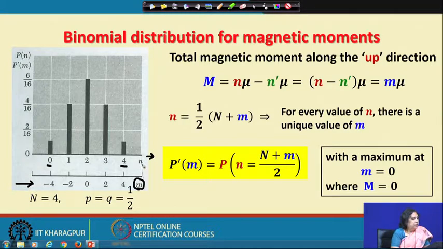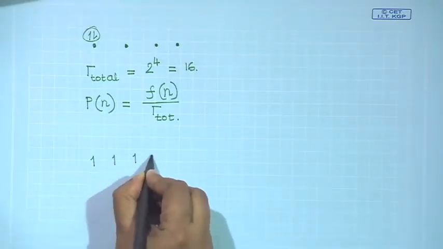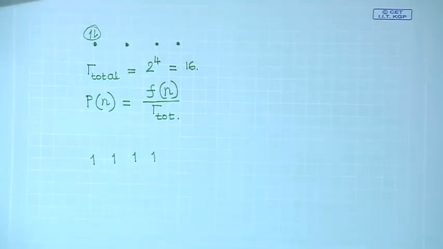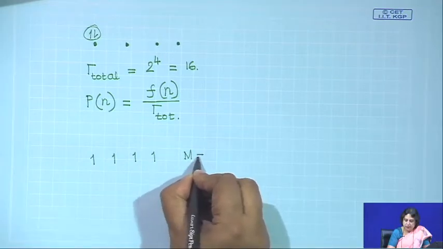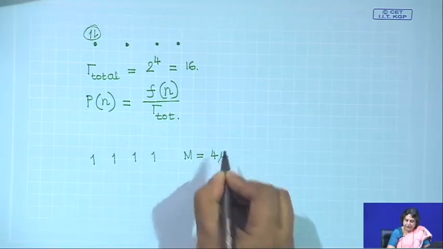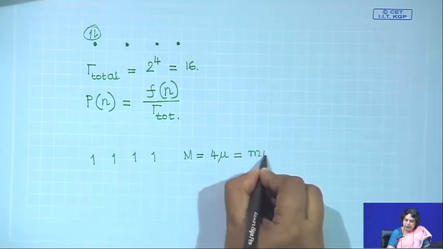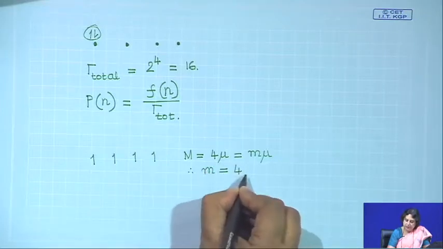When small n is equal to 4, all the 4 spins are pointing up. Therefore, the net magnetic moment of this system is 4 into mu, and I know that this is equal to small m into mu. Therefore, small m is equal to 4.